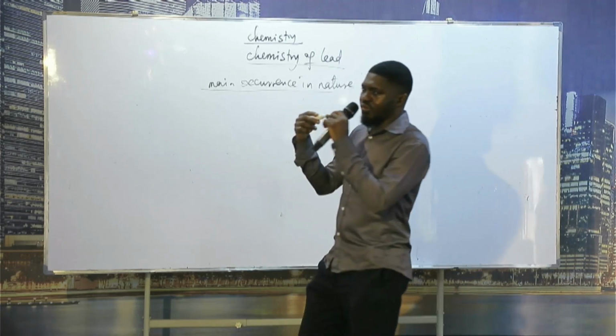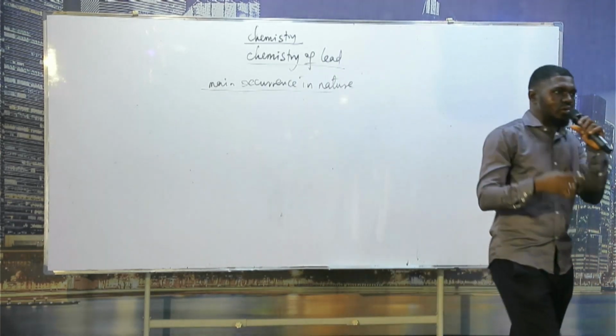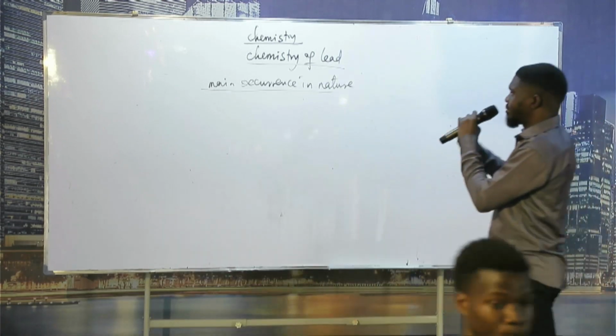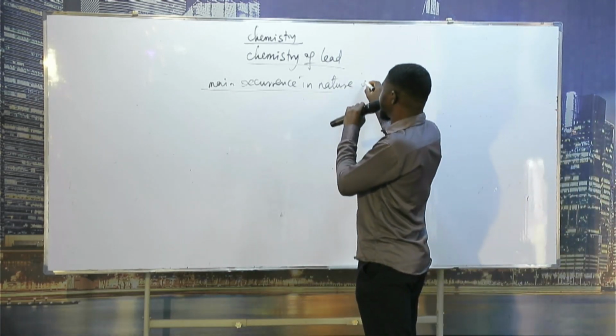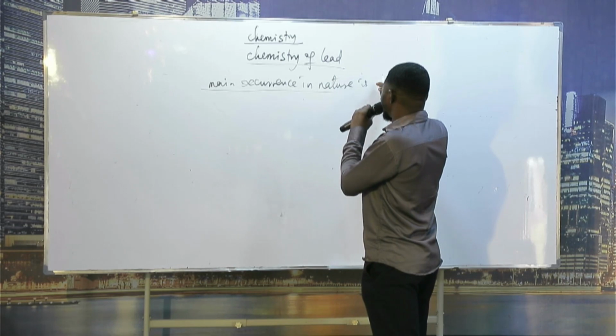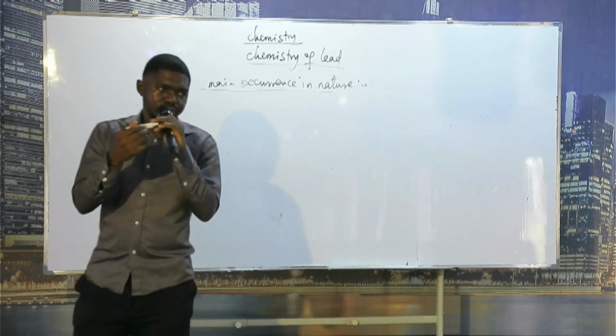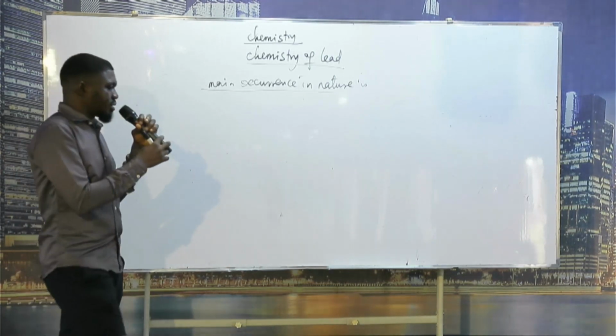What is the main occurrence of lead in nature? How does lead occur mainly in nature? Galena, right? And that galena is known as the ore, true or false? So, ore, you know that.